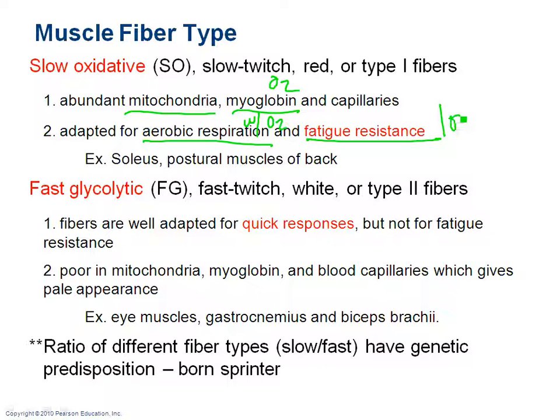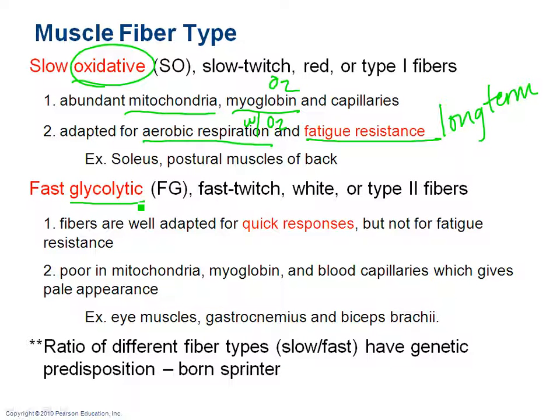So this is long term, right? Oxidative is another word for aerobic. You'll hear that with aerobic respiration. So these are slow oxidative fibers. That means these muscle fibers are especially programmed for long-term usage.